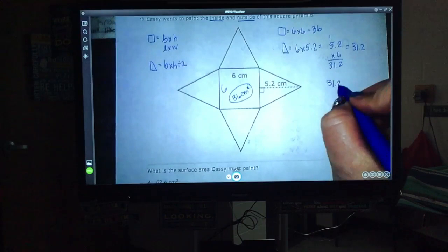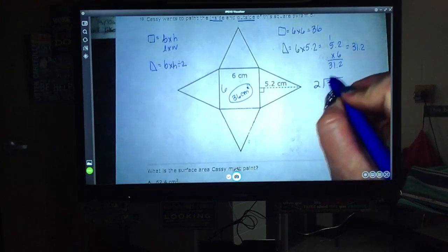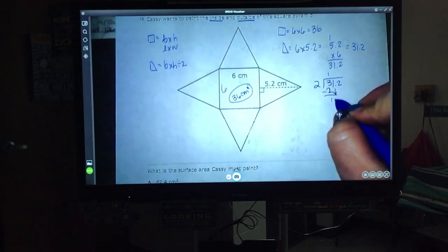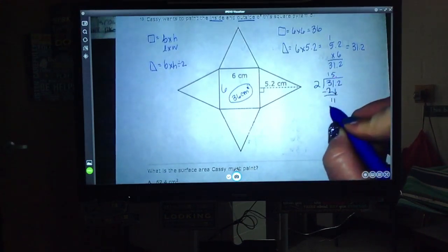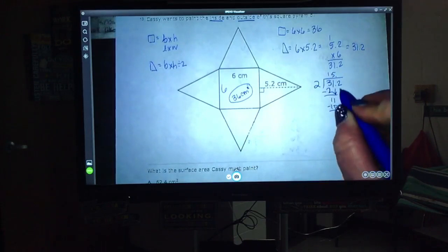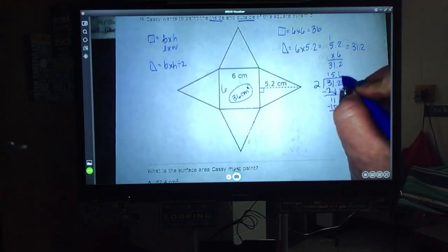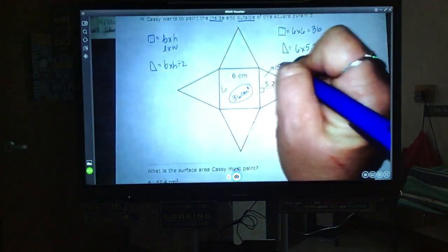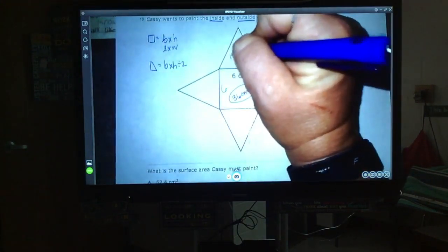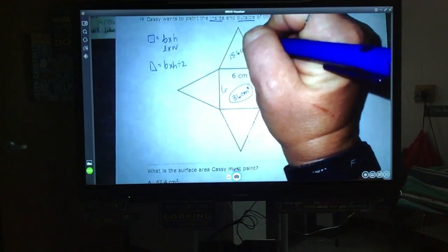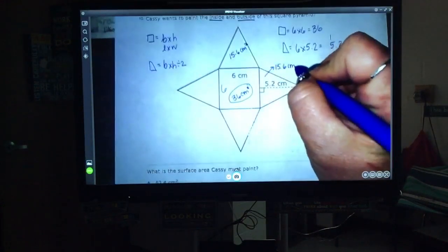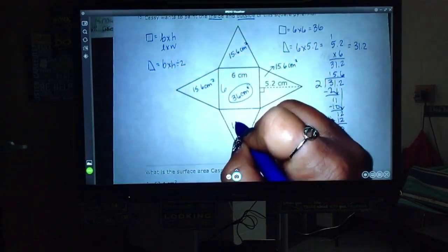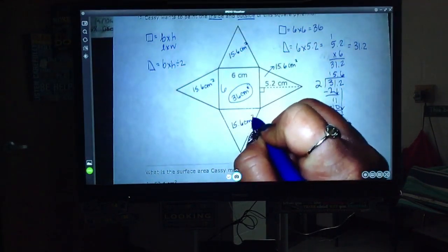So 31 and 2/10 divided by 2. All right, so the area for each one of these is 15 and 6/10 centimeters squared.